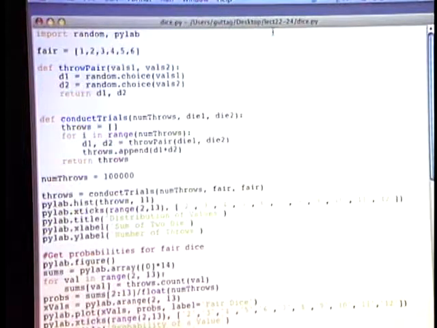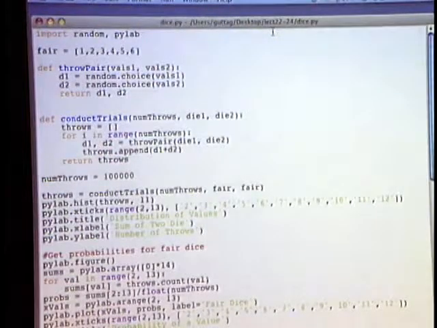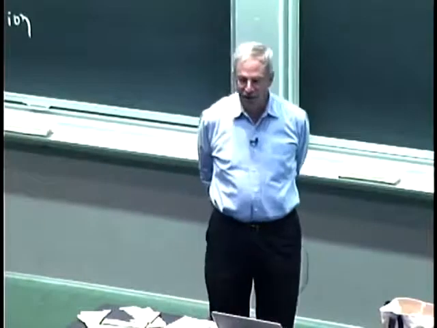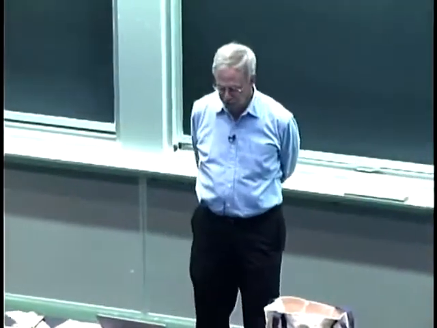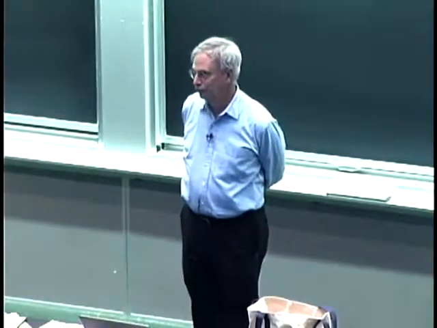And I'm going to throw a pair. You can see it's very simple. I'll take D1, the first die, as random.choice from vals1. D2 will be random.choice from vals2. So I'm going to pass in two sets of possible values and randomly choose one or the other and then return them.